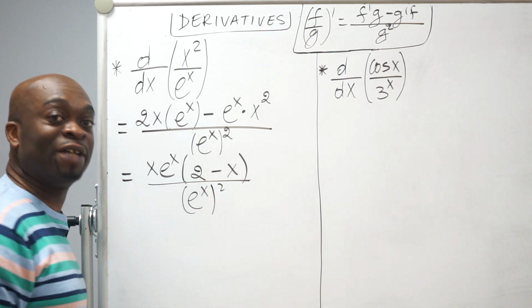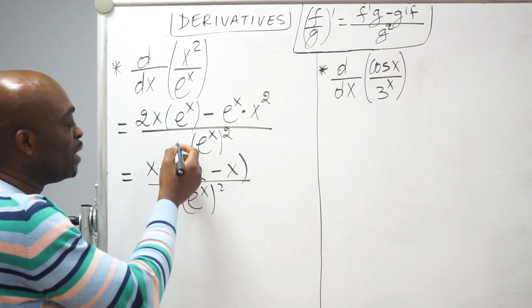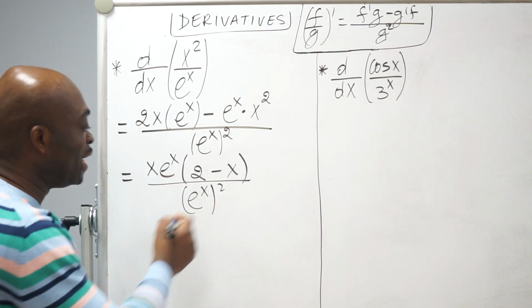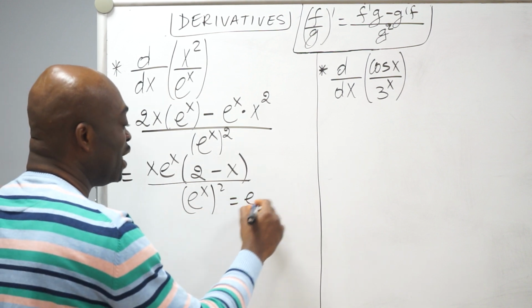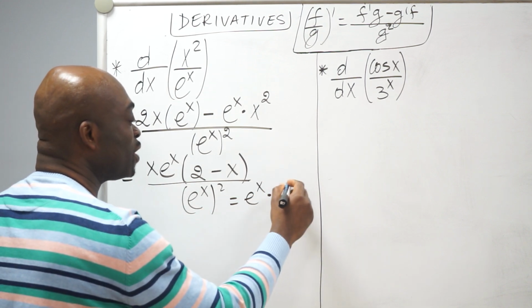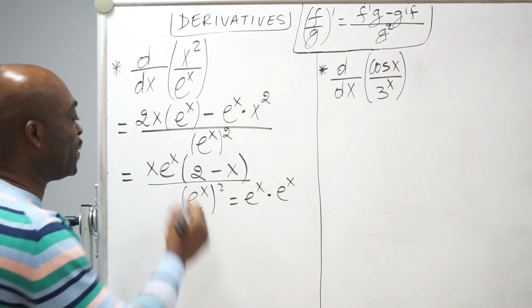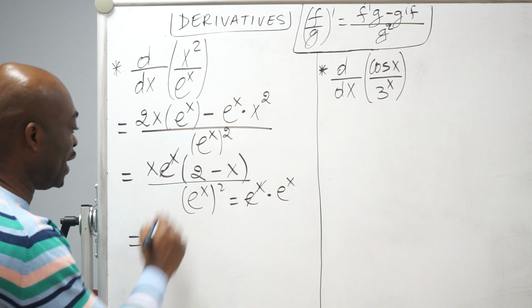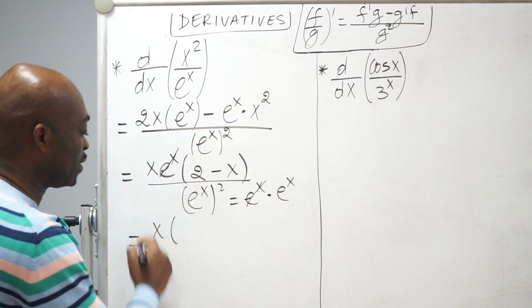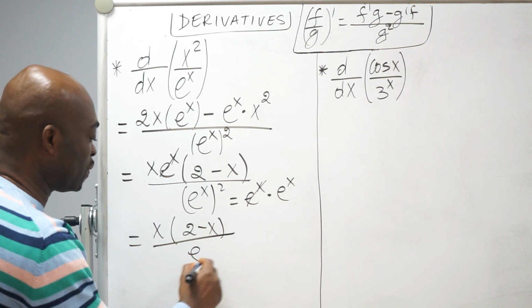Now, is there anything that we can do? Yes, because now we can simplify exponential x to the second power with exponential x, because exponential x to the second power is the same thing as exponential x times exponential x. So we can simplify one of them, and we end up with x times (2 minus x) over exponential x.